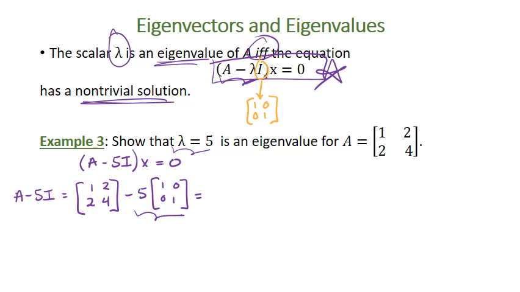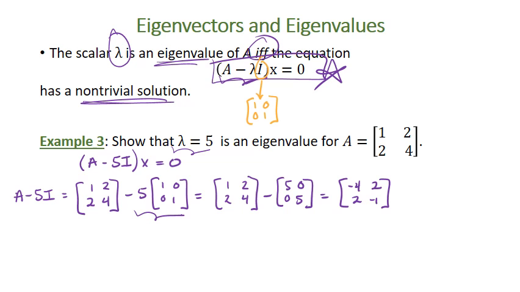So just multiplying this, I'm subtracting this matrix. Okay, so we just subtract the corresponding entries, and we end up with negative 4, 2, 2, and negative 1.